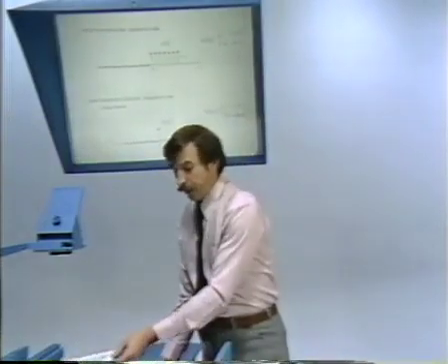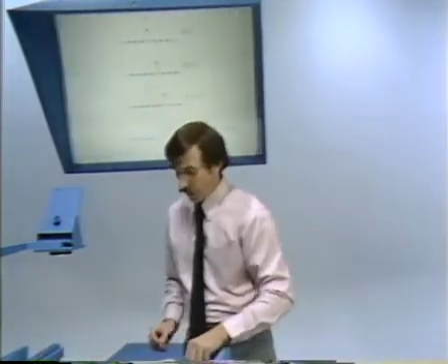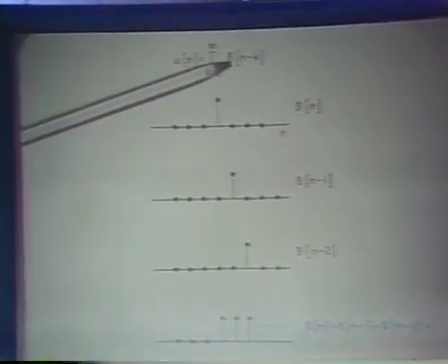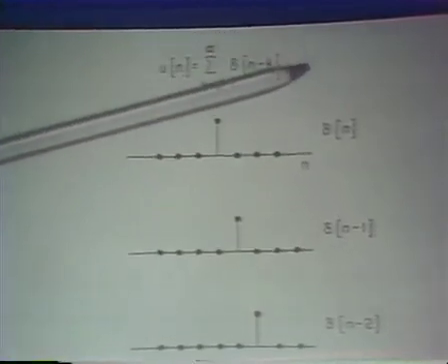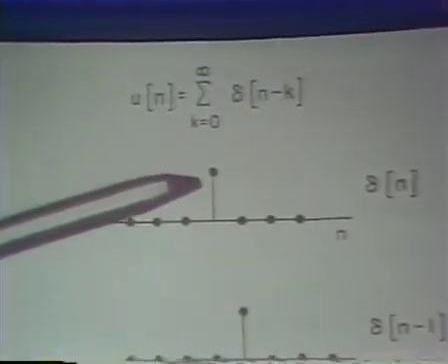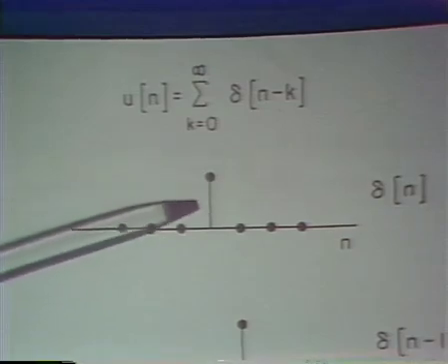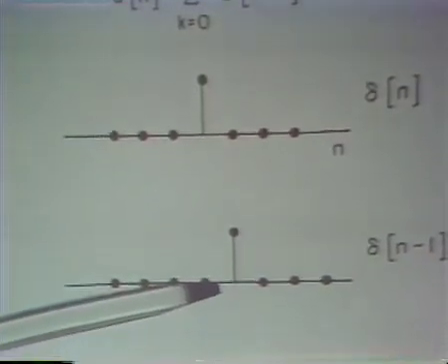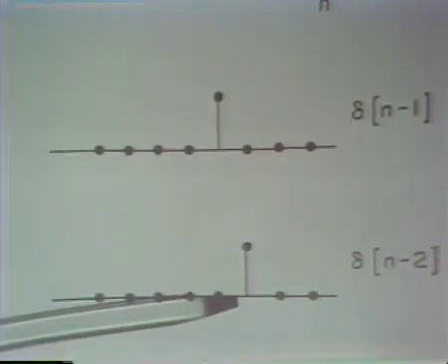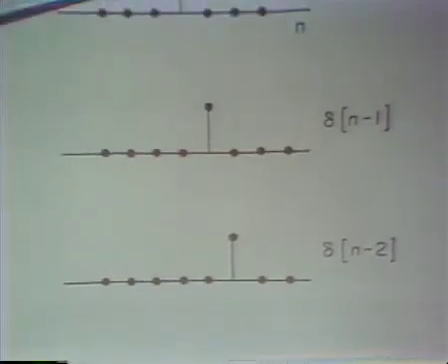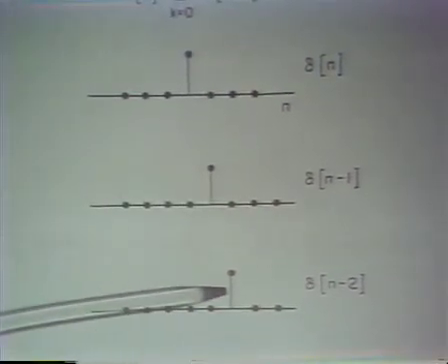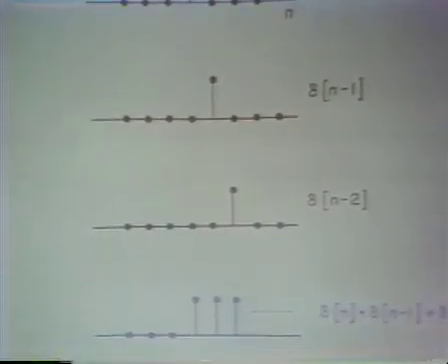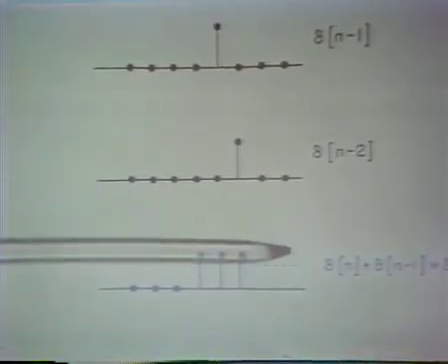So if we consider forming a sum of delayed impulses, as I indicate mathematically here, and as I indicate graphically down below, we have an impulse here at n equals 0, and an impulse here at n equals 1, an impulse here at n equals 2, etc. And when we continue to add these up, then what they add up to is the unit step sequence.